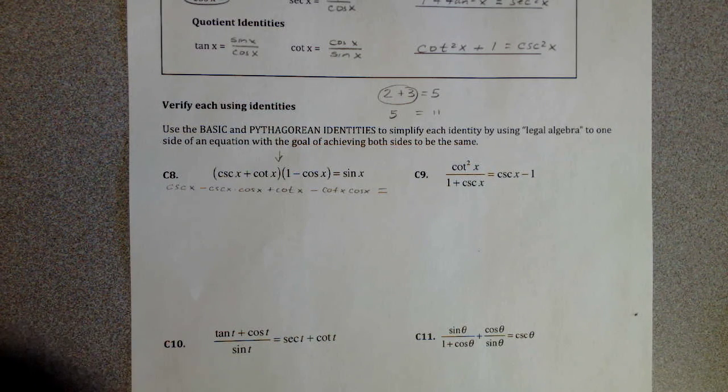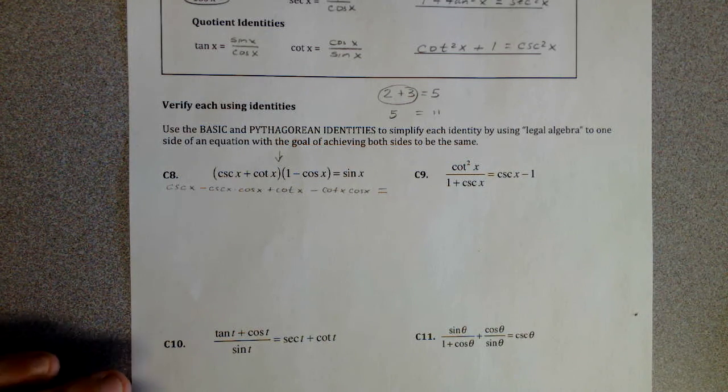From here, I'm going to take all of these back down into sines and cosines. Since I have 3 different trig functions, none of them squared, there's no Pythagorean identity I can use yet.